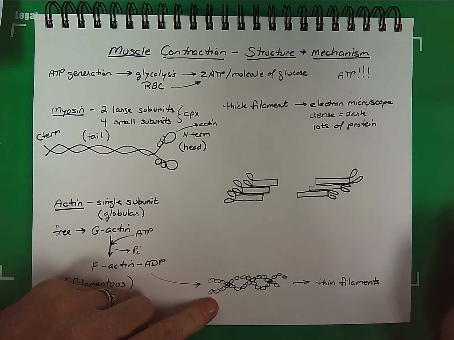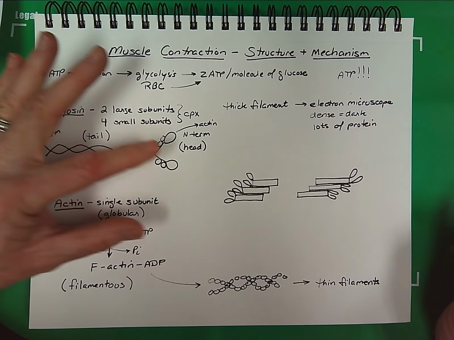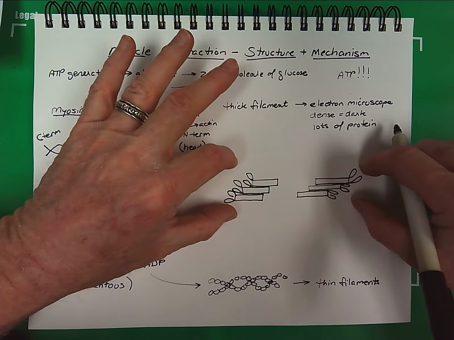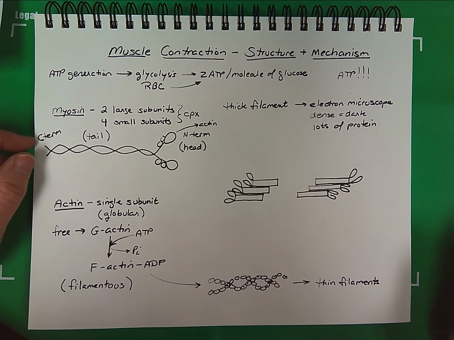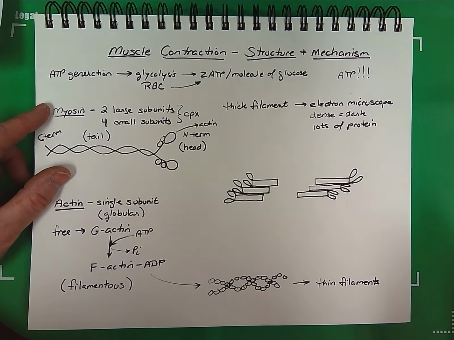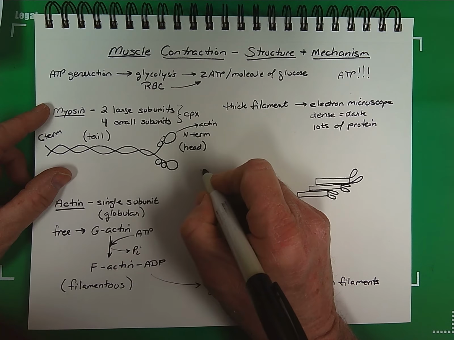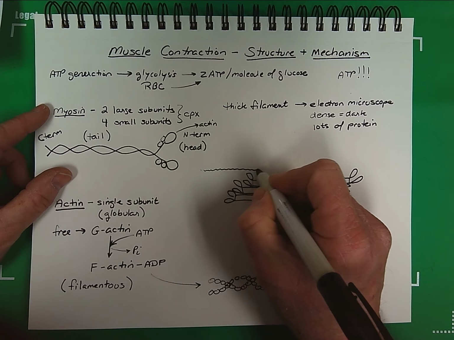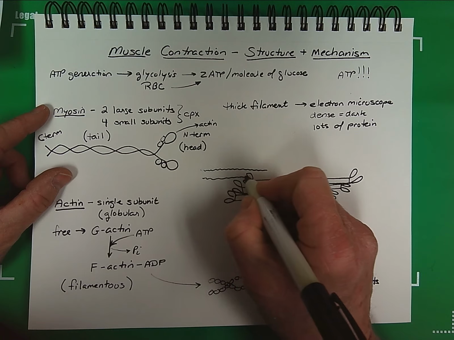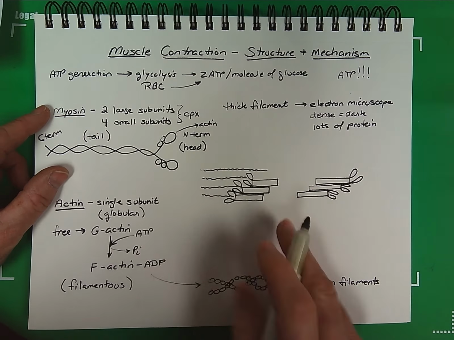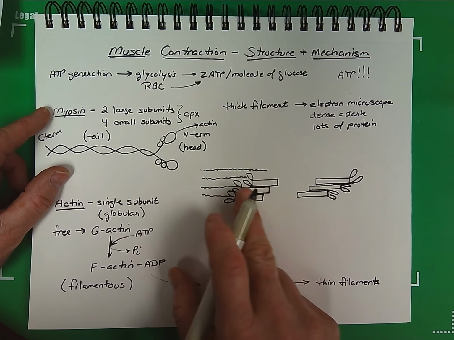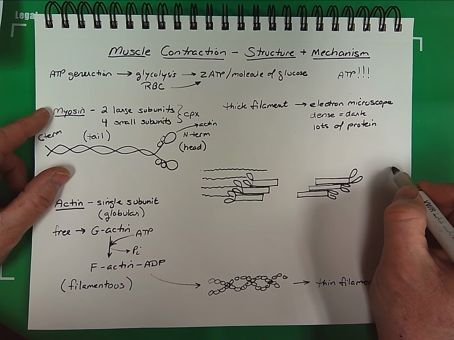Now, in order to make the contractile unit, we need to have an interaction between the myosin, thick filament, and the actin, thin filament. So the way we're going to do that is we are going to put the actin in this dimension. So the actin will extend and overlap the myosin filaments.